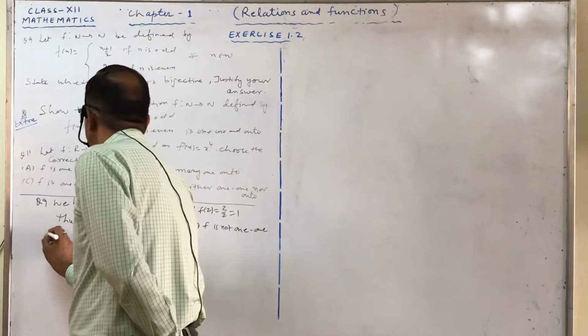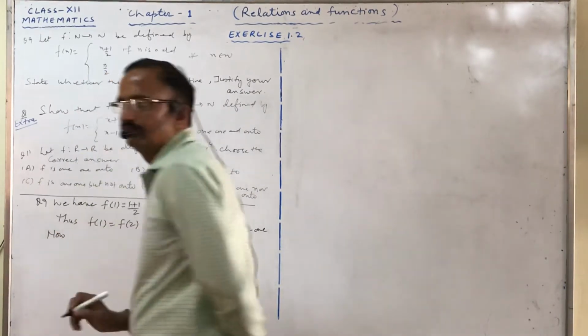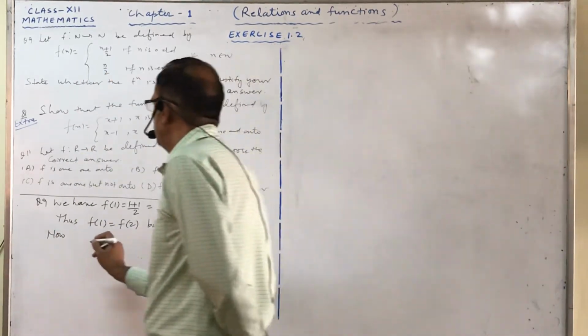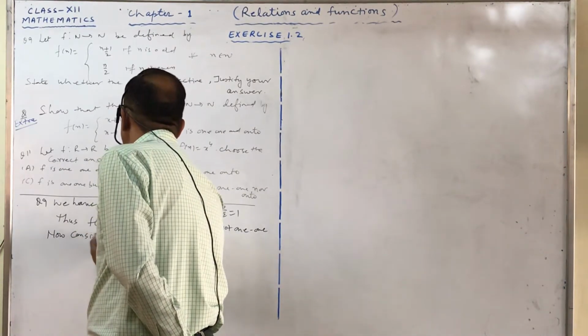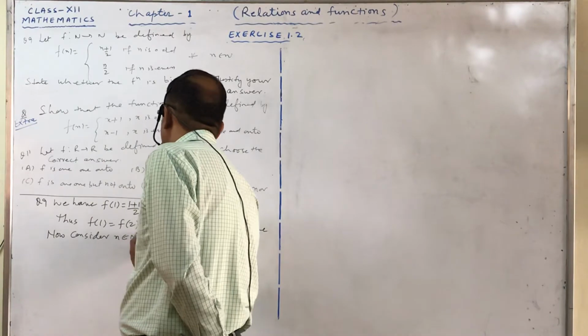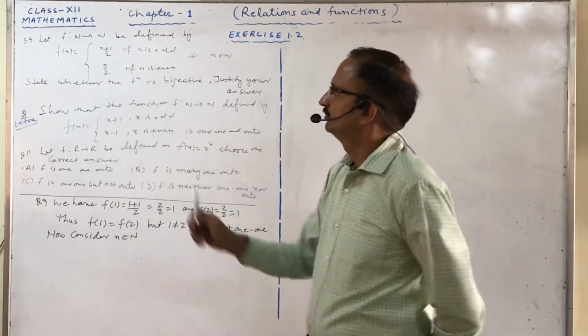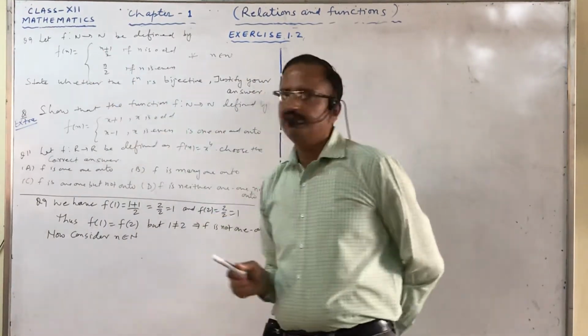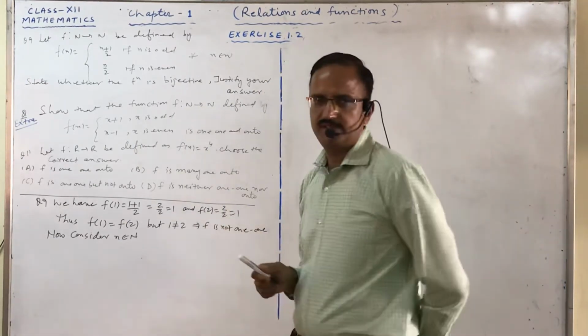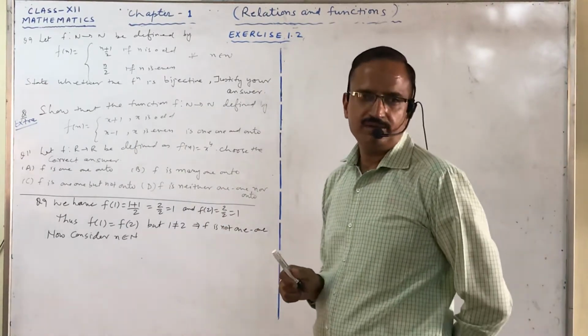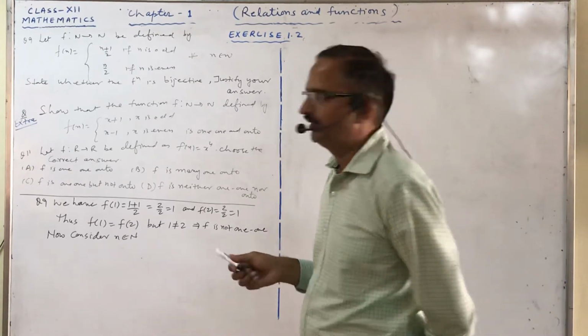Now consider n belongs to N. It is given in the function. Now we will consider two cases: if n is odd and n is even.